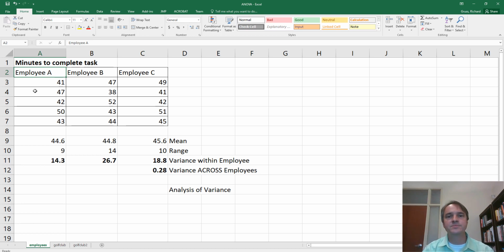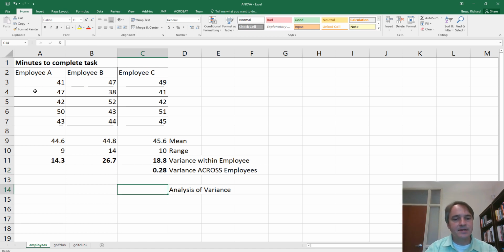So we'll call these groups even though we're actually dealing with individual people here. What we want to figure out is whether the variability across each of these groups is really significantly more than the variability within these groups. Now we can look at this and say, no way, there's way more variability within the groups.